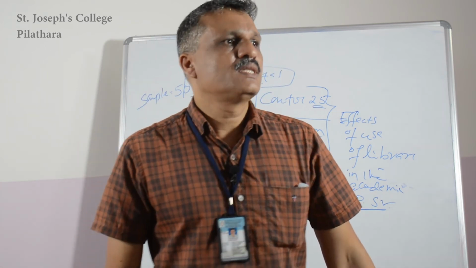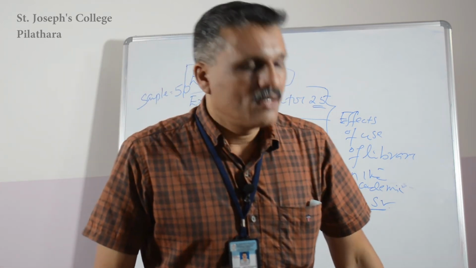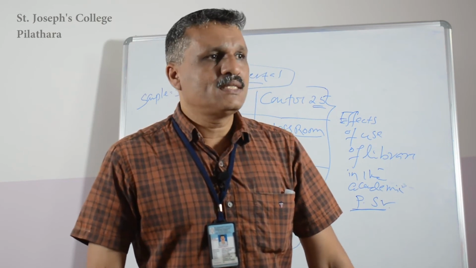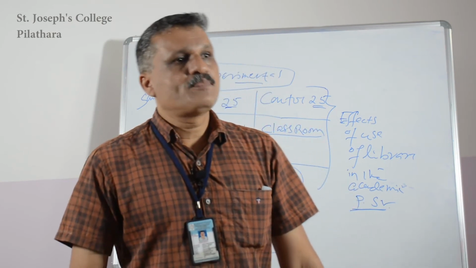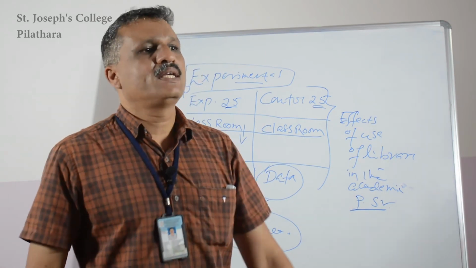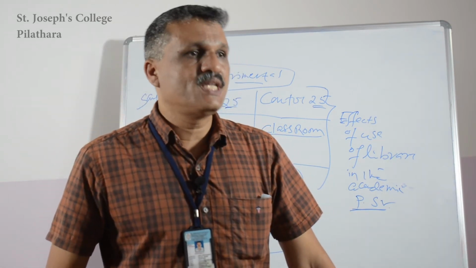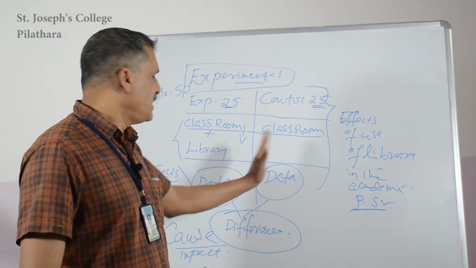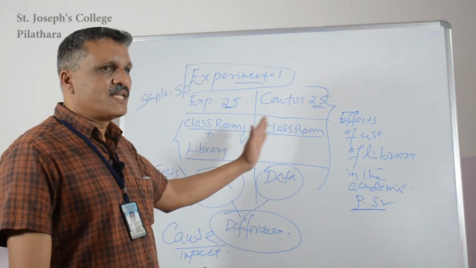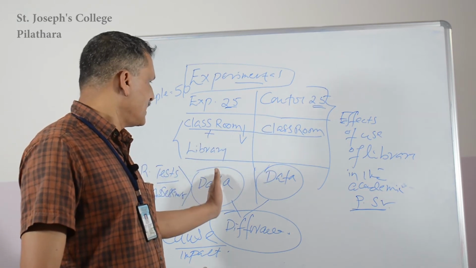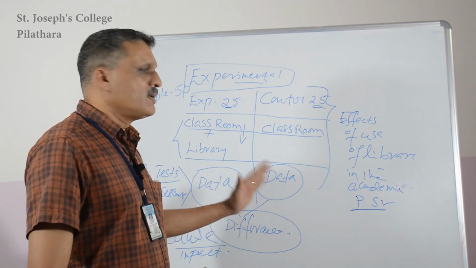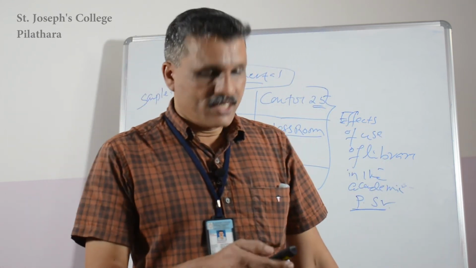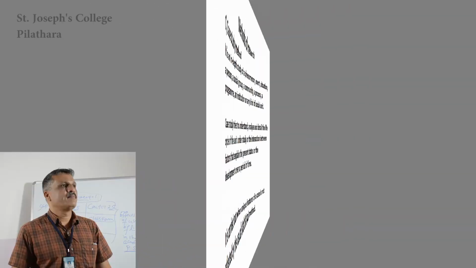So this is the experimental research method. This method involves a field experiment conducted by comparing the experimental group with the control group, as I have already told you. We are comparing the data, seeing what the result is.